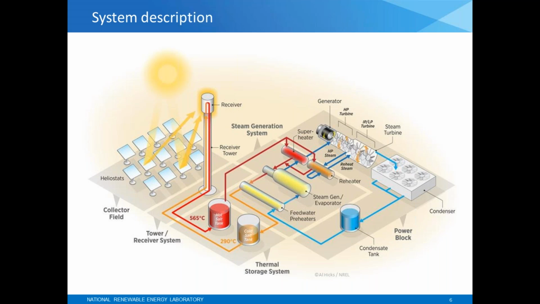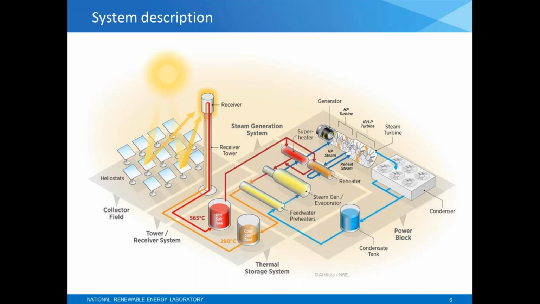They reflect the sunlight up onto a receiver on top of the tower, which is cooled by a molten salt that operates between 290 and about 565 or 575 degrees Celsius. That fluid goes into storage tanks and is drawn to generate steam on demand.